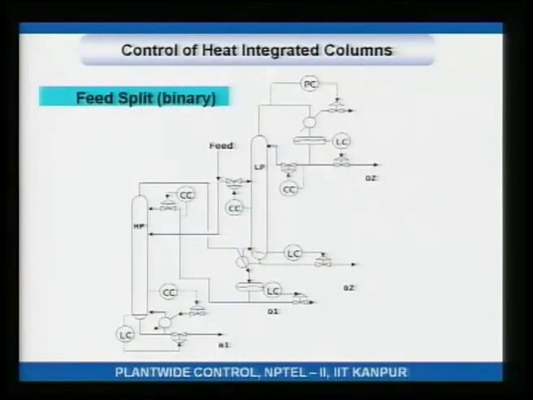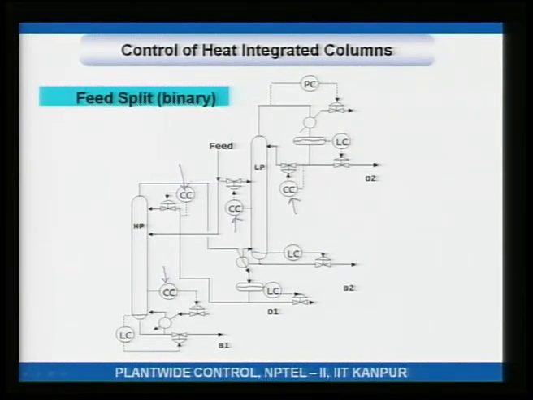So, here is the feed split binary distillation column that I just explained to you, and you would appreciate it is the same thing. These are 1, 2, 3 and there is a 4th one. Where is the 4th one? Yeah, there is this 4th one. These 4 set points is what the operator adjusts to get the kind of split that he wants.